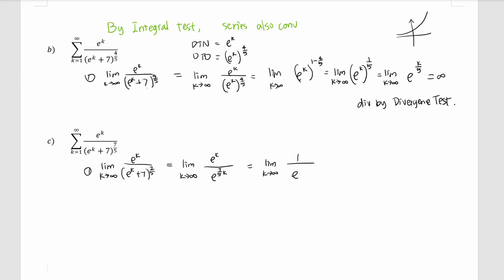Because the denominator is bigger, it becomes 1 over e to the 2 over 5 k. As k goes to infinity, the denominator goes to infinity, so 1 over infinity is like 0. So in this case, the divergence test tells us nothing.